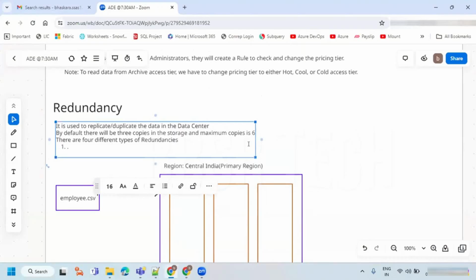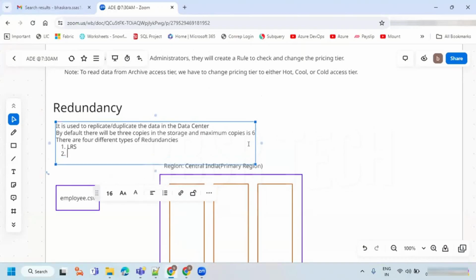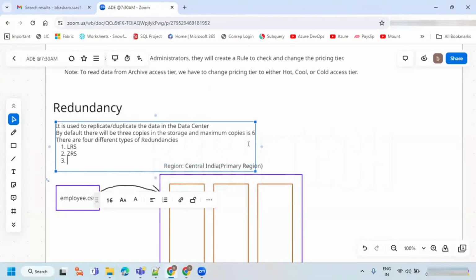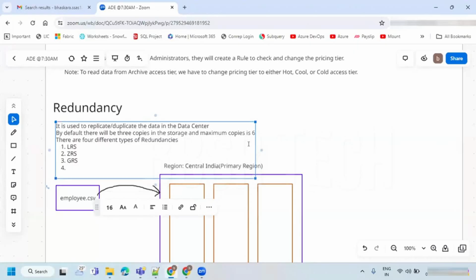One is LRS, that is locally redundant storage. ZRS, zone redundant storage. GRS, that is geo redundant storage. And finally, we have GZRS.